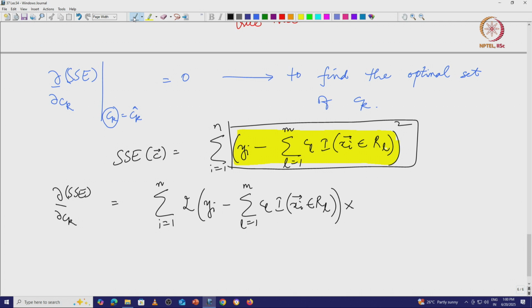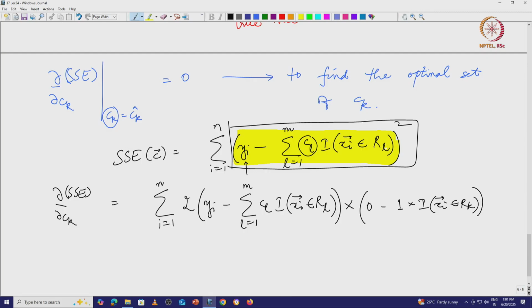Once you differentiate this, see that inside the parenthesis, the first term yi does not depend on Ck. So, the derivative of that term with respect to Ck will be 0, and if you look at the second term here, there are m terms depending on Cl, but only one of those terms will depend on Ck, and that term if you differentiate with respect to Ck you will just get a 1 multiplied by the indicator function of xi belonging to Rk, because it will be for that particular term.